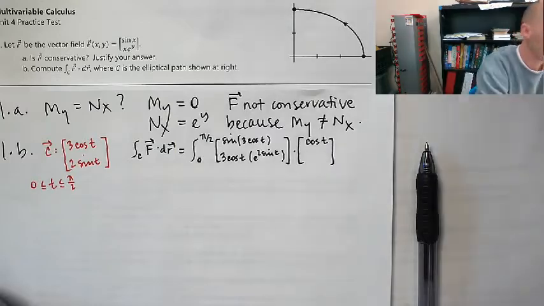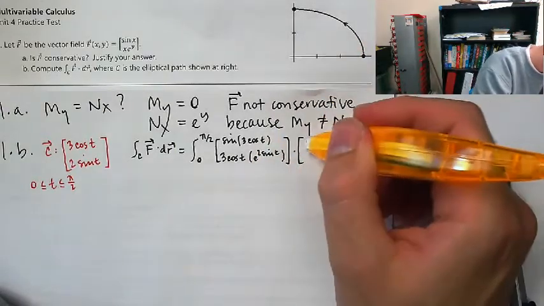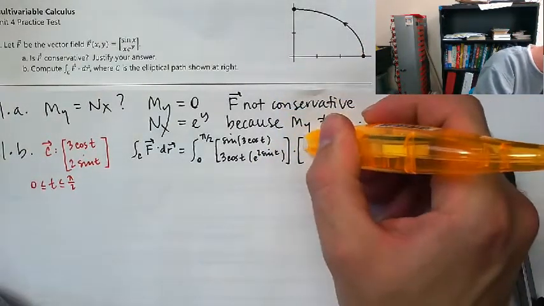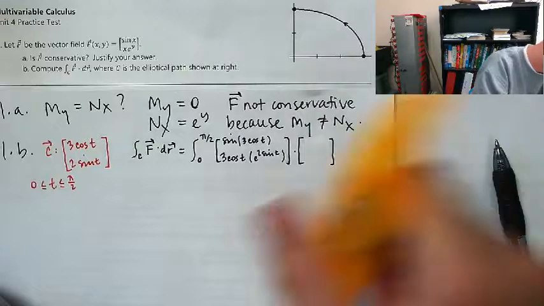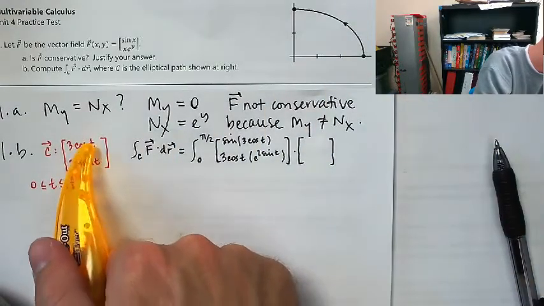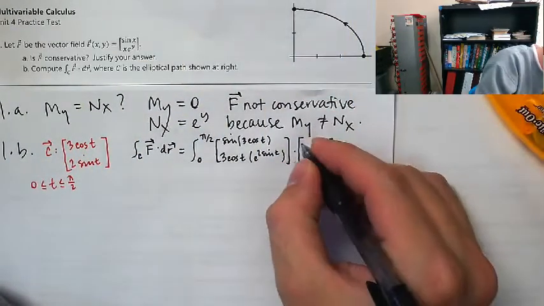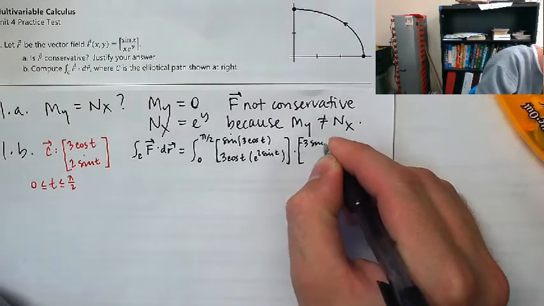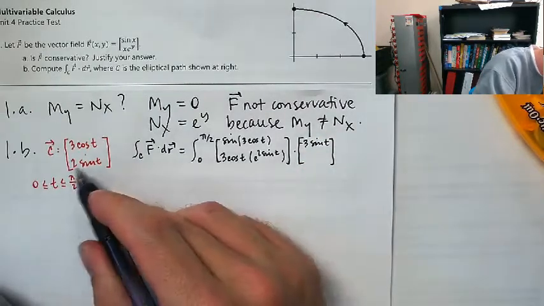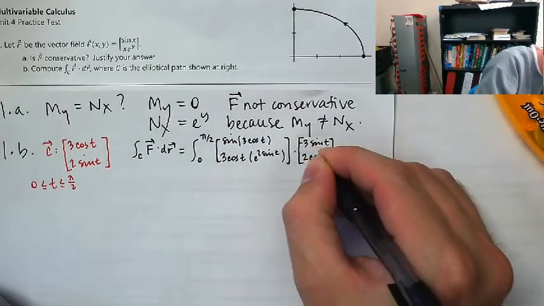Reach for my homework stamp. That was not going to be what I needed. Yeah, I took the derivative of the wrong thing here, right? dr is dx and dy, where this is x and that's y, so it's going to be negative 3 sine t and 2 cosine t dt.